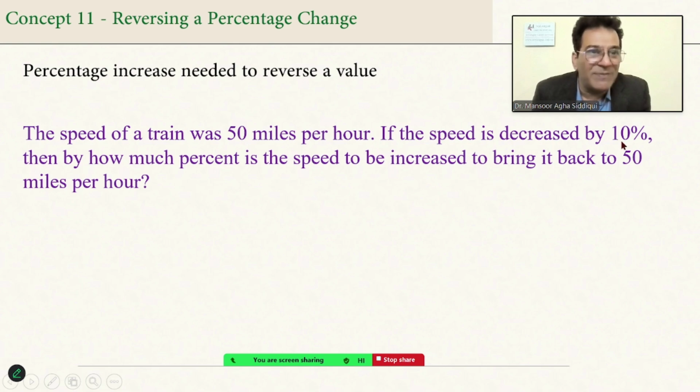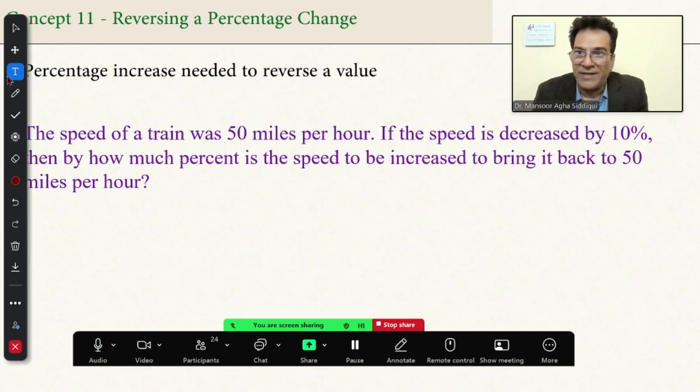If the speed is decreased by 10%, when we decrease the speed of a train which is traveling at 50 miles per hour by 10%, then it will become 45 miles per hour. So 45 miles per hour is the second speed. And now the question is asking, this 45 miles per hour has to be increased by how much percentage to bring it back to 50 miles per hour.